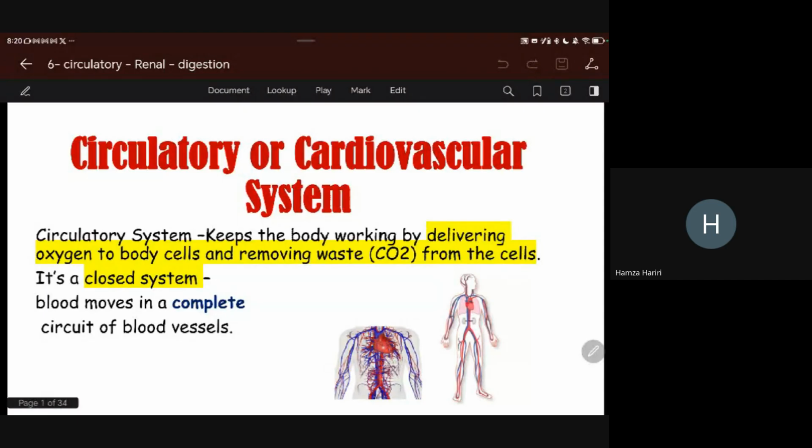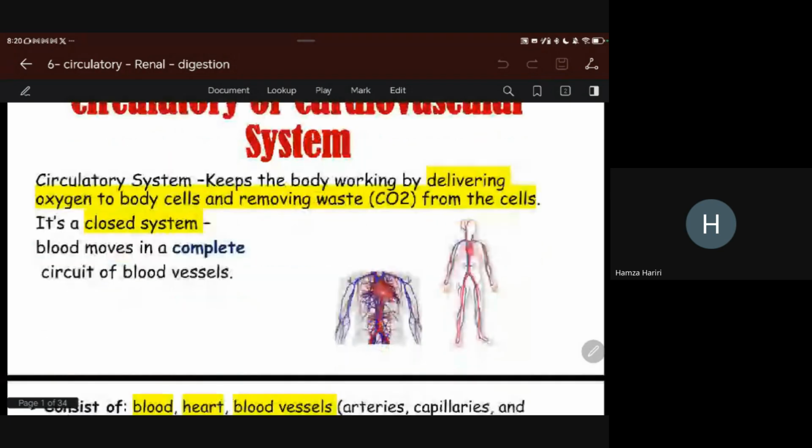So first off, the circulatory or cardiovascular system. Basically we have blood within our body which moves in a circuit or a cycle. This blood carries oxygen from the lungs and delivers this oxygen to our cells so that the cells can use it.